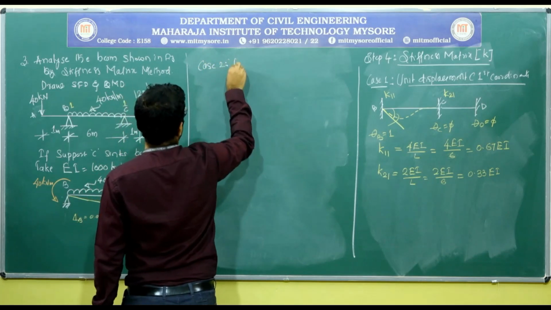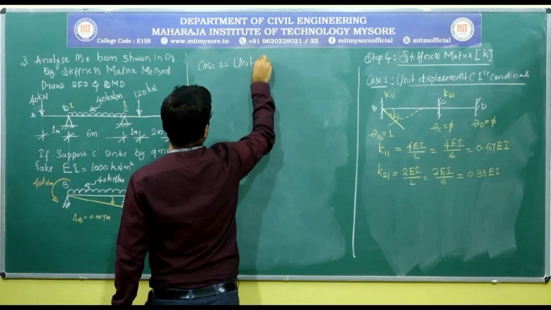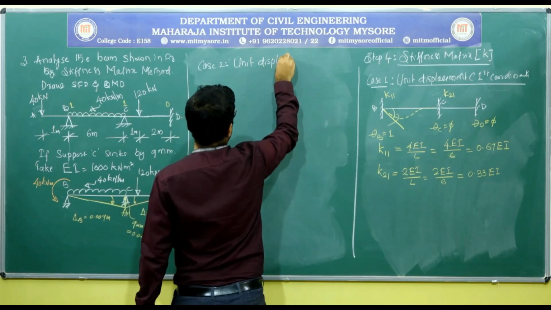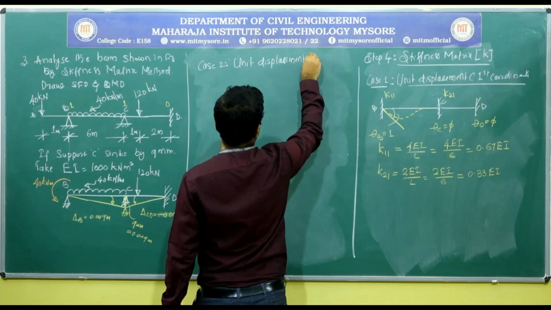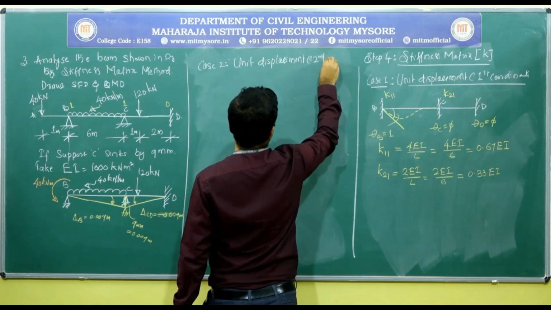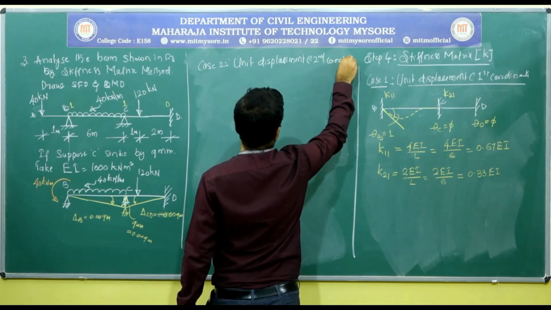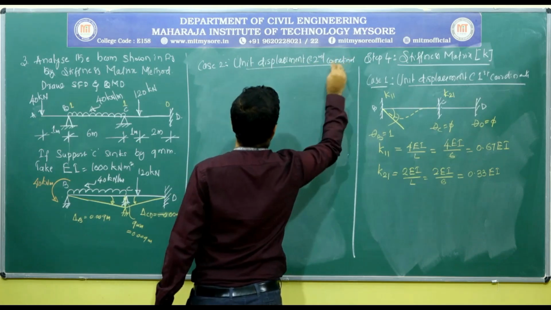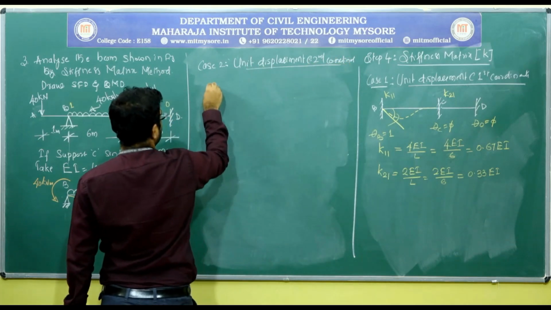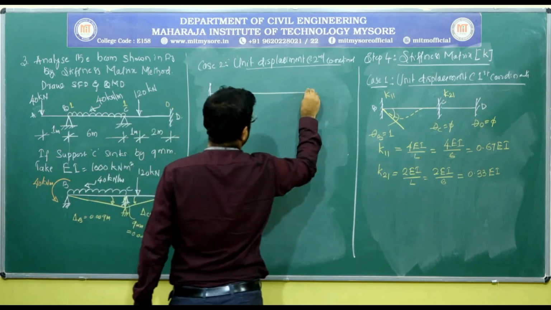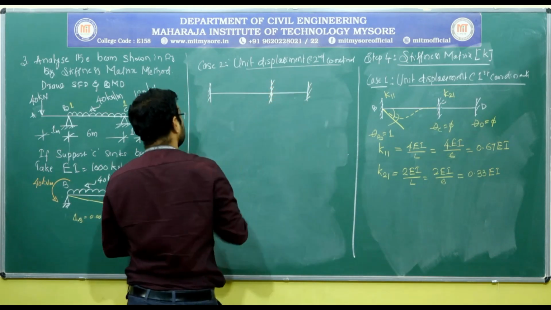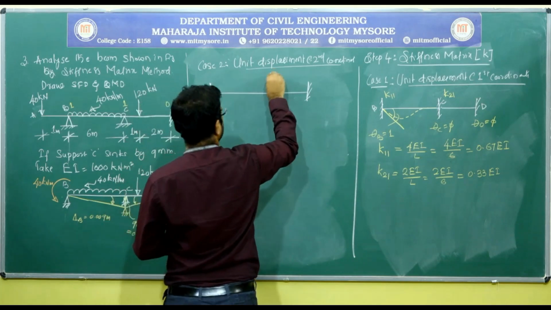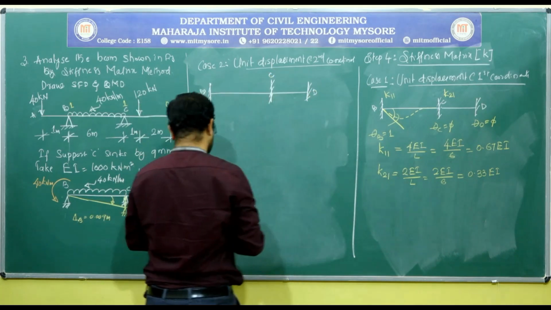So, case 2, unit displacement at the second coordinate, right. So here consider the beam as it is with all supports fixed. So this is B, C and D.